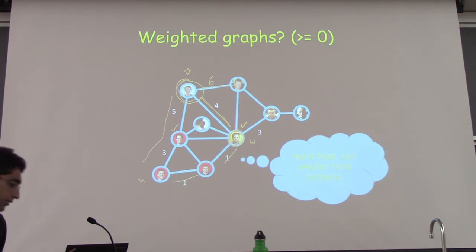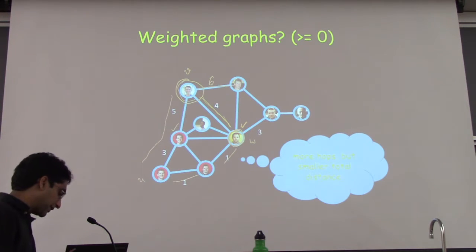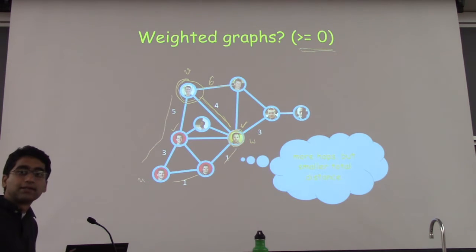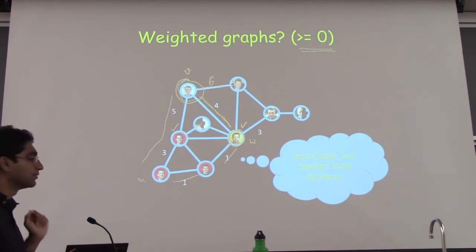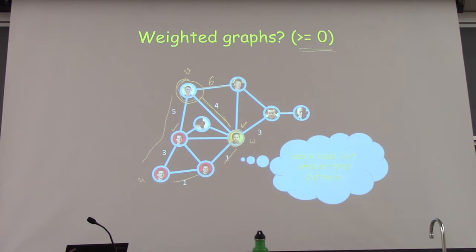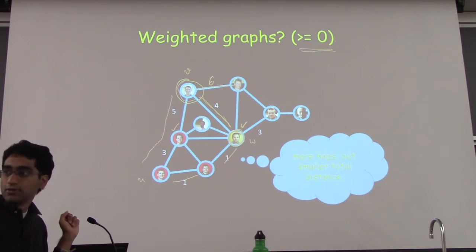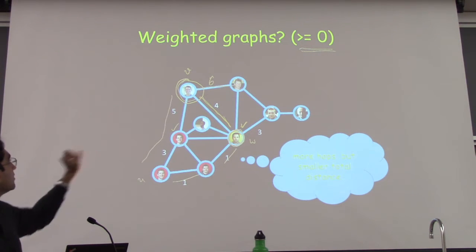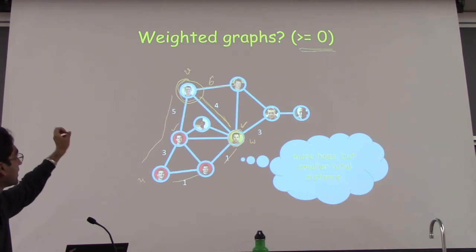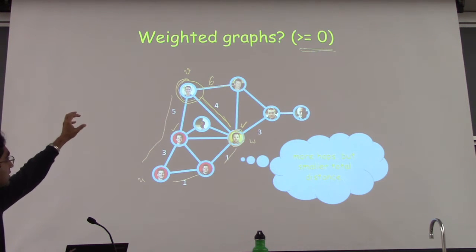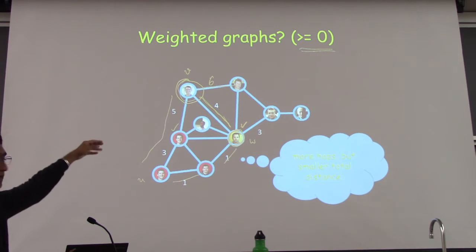I've got to say one thing here: I'm assuming that all weights are non-negative. That's an important assumption. We'll see what happens if that fails in a bit. So I want to claim that the shortest path from V to W is actually 4.